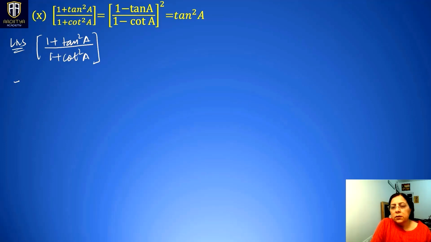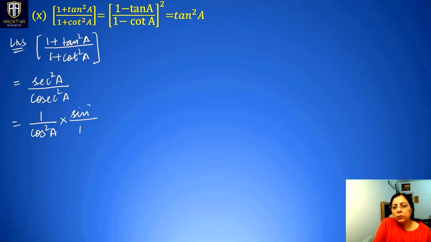So we start with the left hand side and see. 1 plus tan square A by the identity can be written as secant square A. 1 plus cot square A can be written as cosec square A. Now if we want to have a simplified version first, we can write secant square A as 1 upon cos square A, and cosec, keeping 1 here, we take sine square in the numerator.